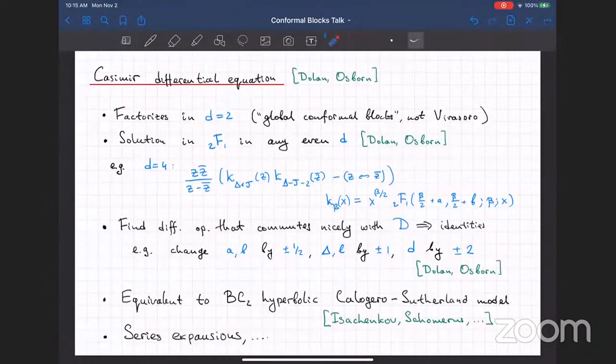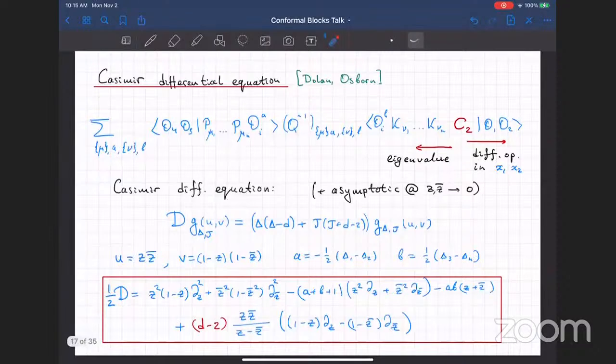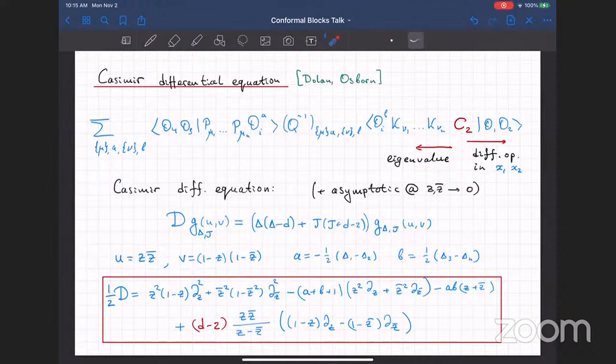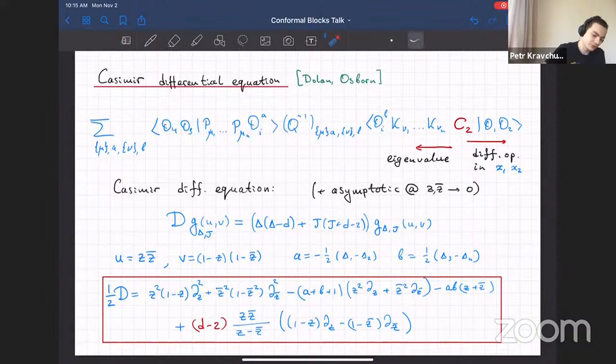Sorry, probably I missed it. What is the definition of a vector containing two operators in radial quantization? Yes, sorry, it's a bit of shorthand notation. It's simply O1 of x1, O2 of x2.